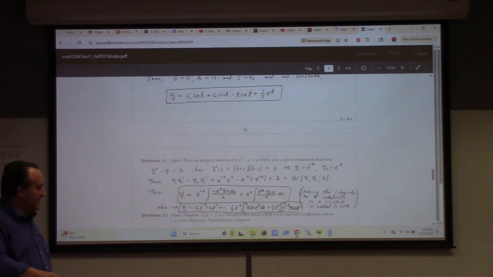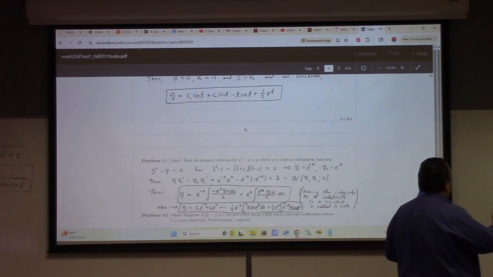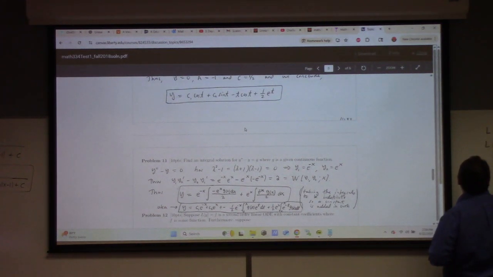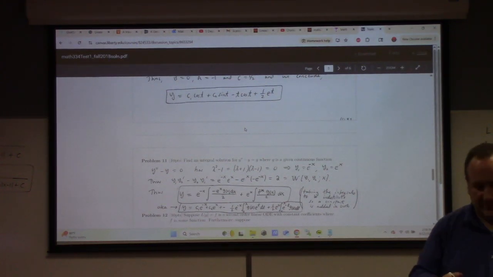superposition. That's something I haven't emphasized nearly enough in here, but what does superposition say? It says that if you have L of y1 equals f1, and if you have L of y2 equals f2, and if L is a linear operator, then L of c1 y1 plus c2 y2 is equal to what? c1 f1 plus c2 f2, right?